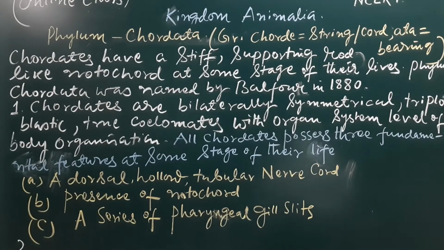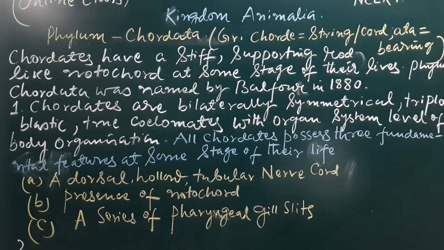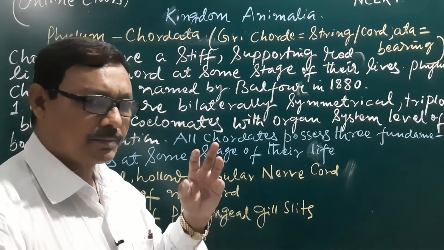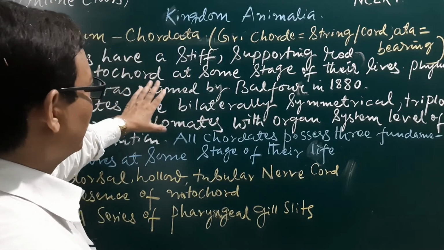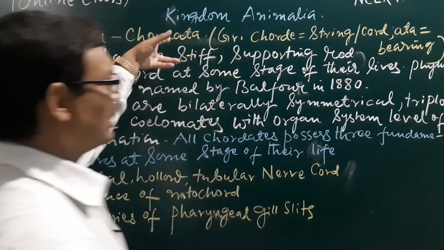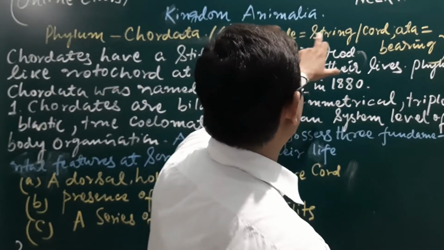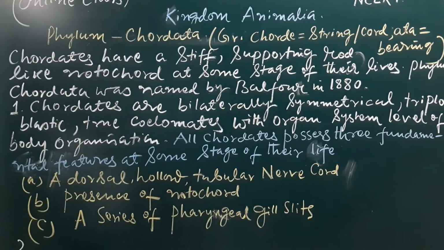Now look here, as we have seen in the classification of the phylum Chordata, there are two different subphylum. Here look at some basic structural features of the phylum. It is famous for the presence of a string or cord-like structure. It is derived from the Greek word chorda, that means string or cord, that means string or cord bearing animals.